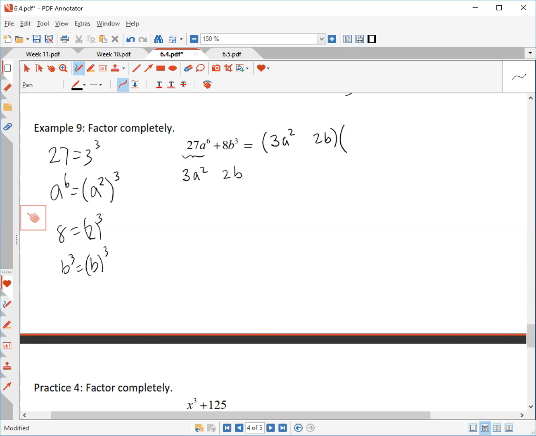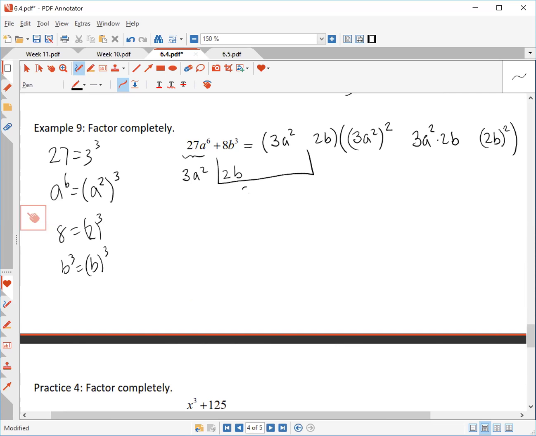And then we come along and we square, product, and square. That's the pattern for the positions that the numbers and variables go into. And now we use SOAP.